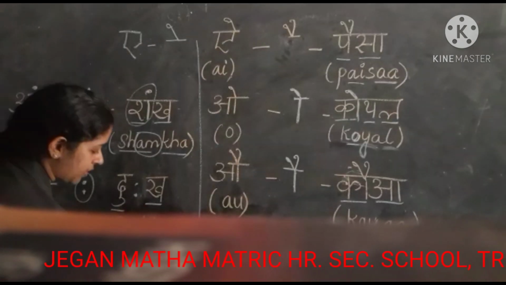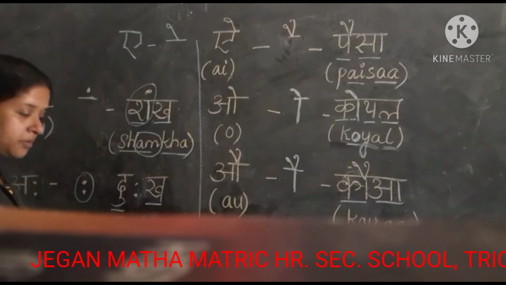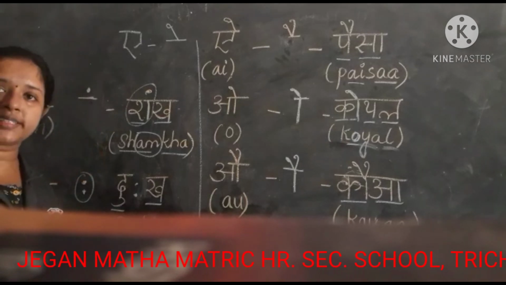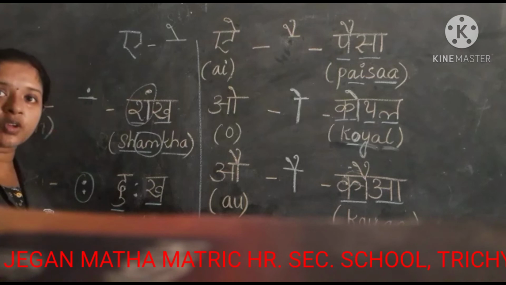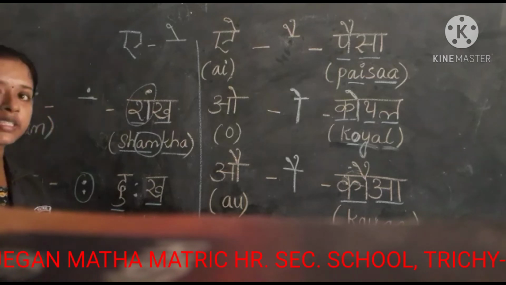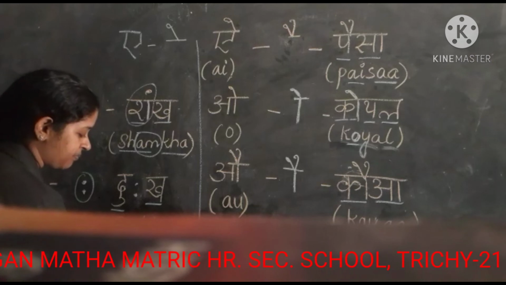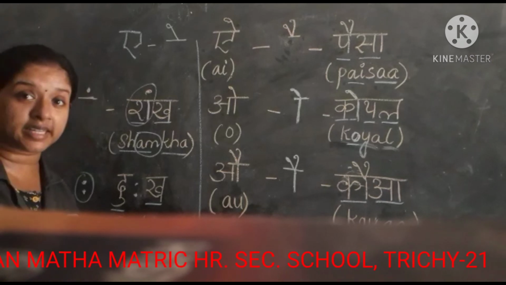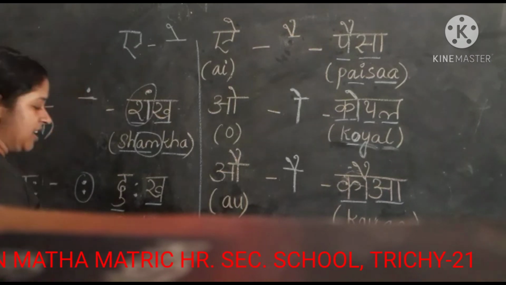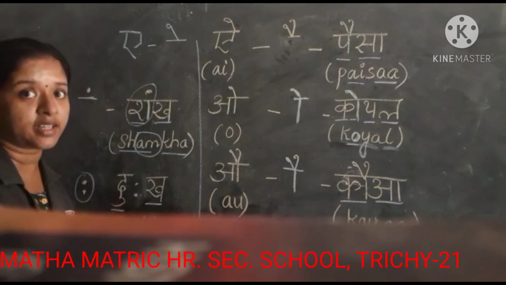Similarly here also, if I am not using that symbol, it is ata, a and ta. A is a vowel, ta is a consonant. So ata only. But if I add that symbol, the word becomes ataha. That aha sound should be there. So here also, dukha.